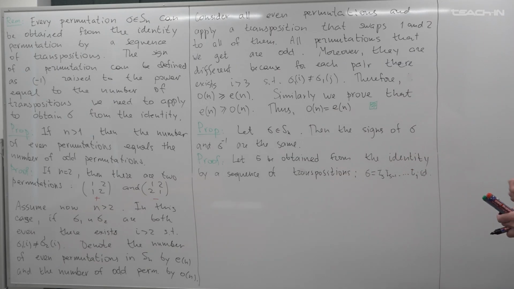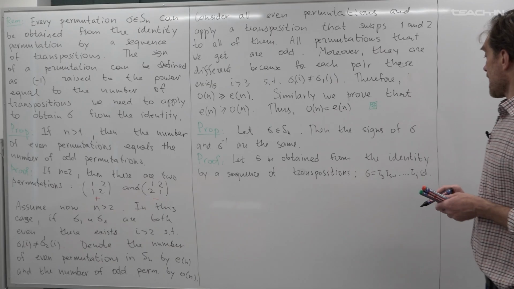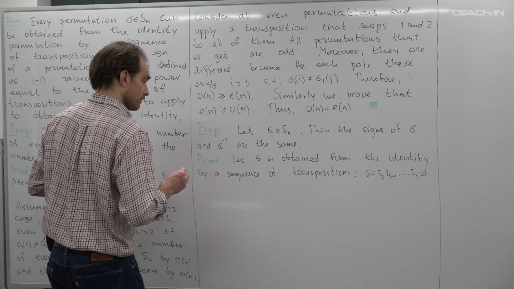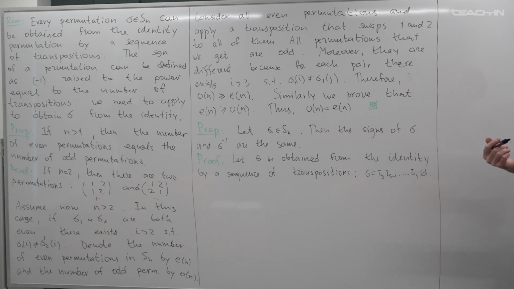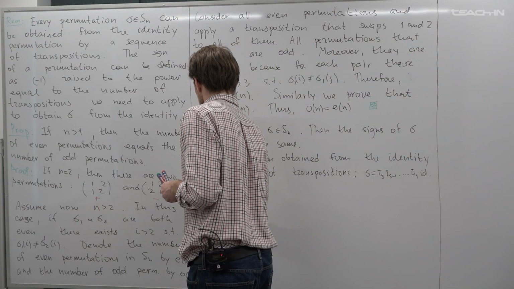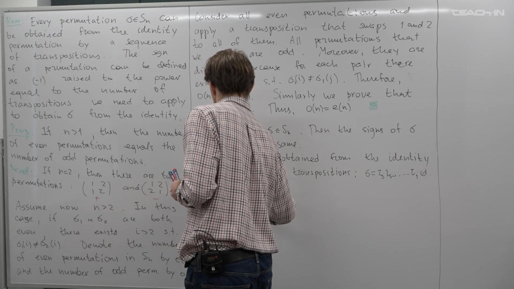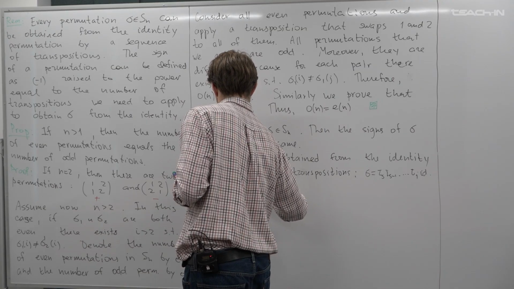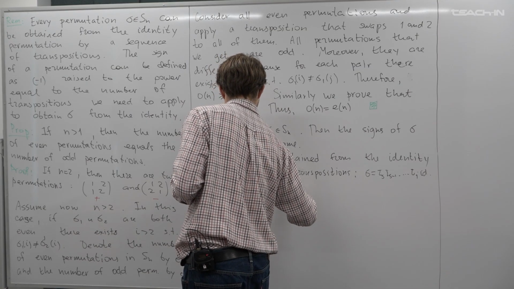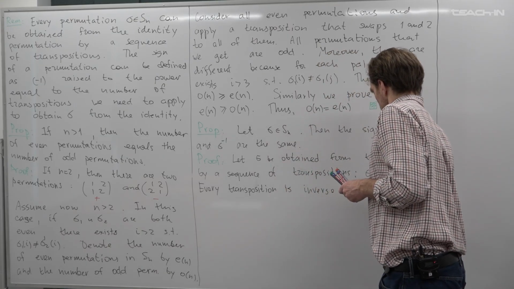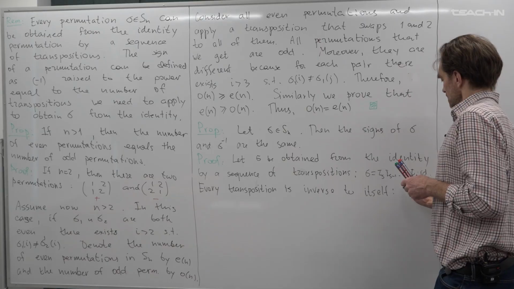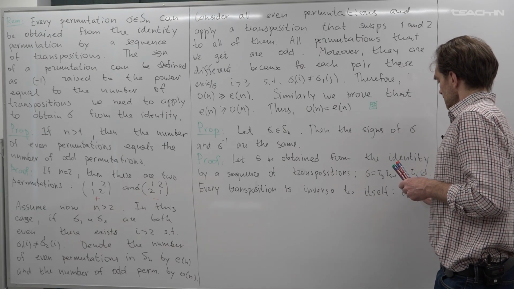Okay, so every permutation can be obtained from the identity by a sequence of transpositions, and since any transposition swaps two elements, it is self-inverse, so every transposition is inverse to itself. So tau I to the minus 1 is tau I.